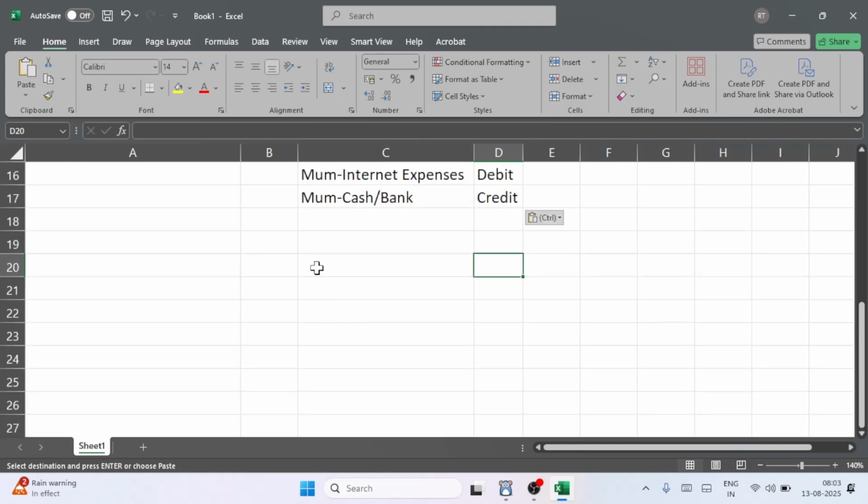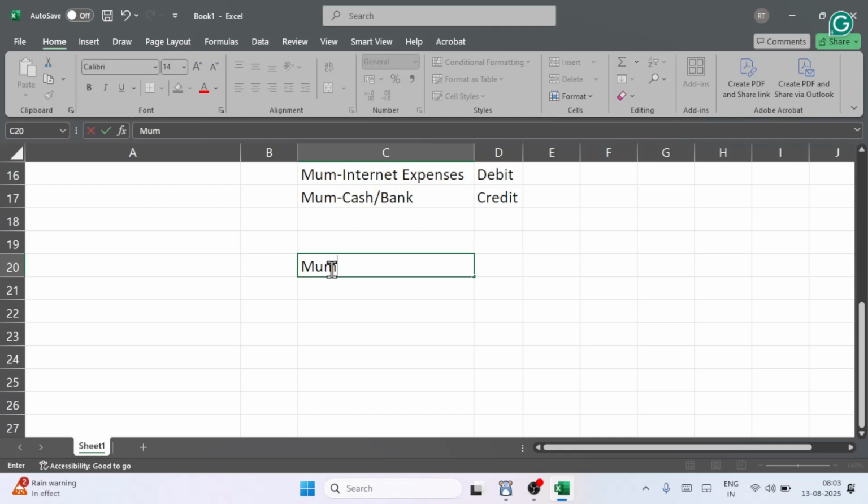So how it is going to work is: Mumbai, sales, internet expense, debit.